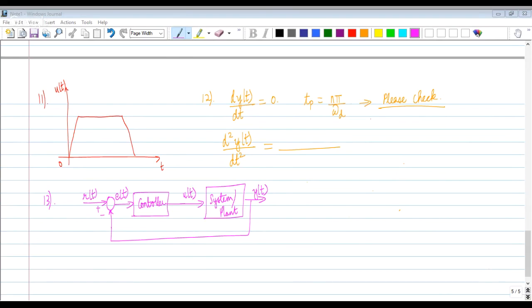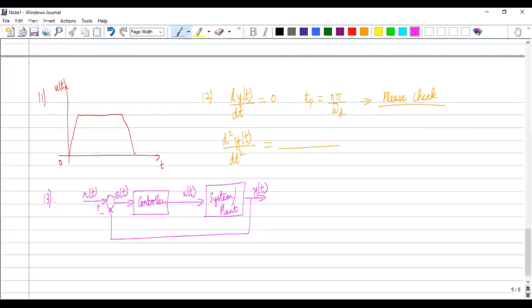So the next question is how dominant poles affect transient response and steady state response. Okay, the dominance of poles is essentially reflected in the way the transient response is affected. So I'm going to leave you with the homework.